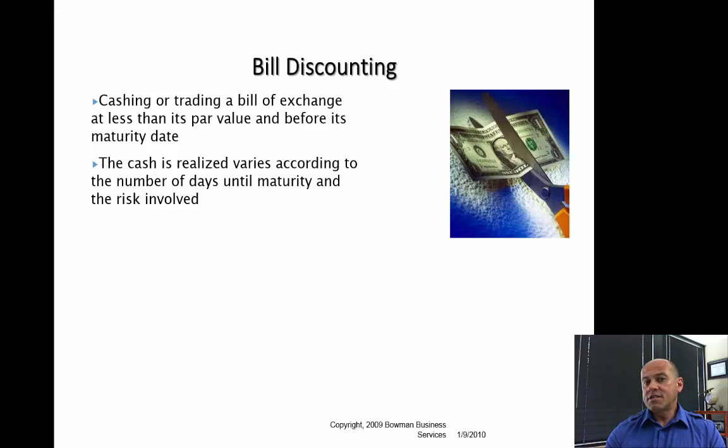Let's say on a standard letter of credit, you as the exporter ship the goods. Your documents are within compliance of the letter of credit. The buyer's bank reviews those documents. At that point, they can then process payment to you.